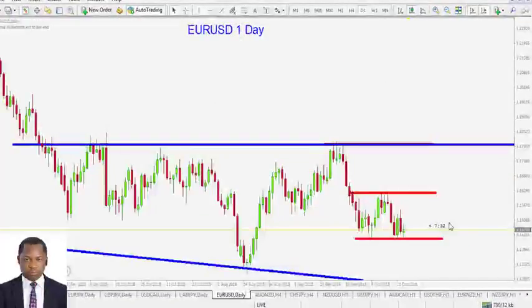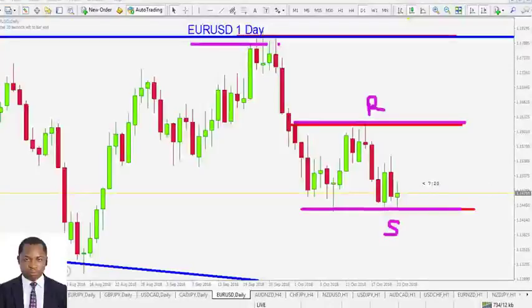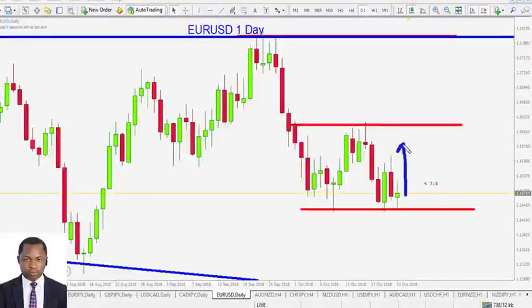The next one is the euro against the American dollar. The ECB event is still just ahead, but this pair is trading around support. This is resistance, at least in the daily time frame. And today's candle that is about to close, this candle here, is a reversal pattern. It's a spinning top, giving traders the hint that the next move might be to the upside.